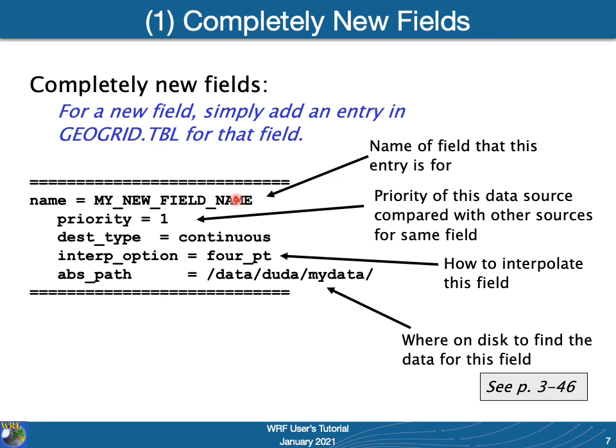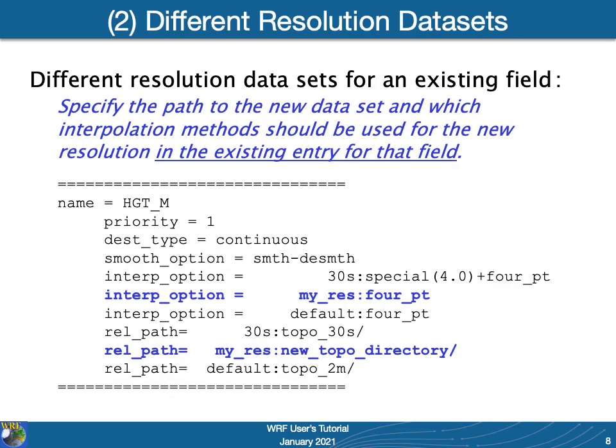Typically, we have just a single source for this new field, in which case the priority should be set to 1. And then we need to indicate whether this is a continuous or categorical data set. And then finally, as we discussed earlier, we need to specify the path of our data set on the file system and how we want the GeoGrid program to interpolate this data onto our ARW model grids.